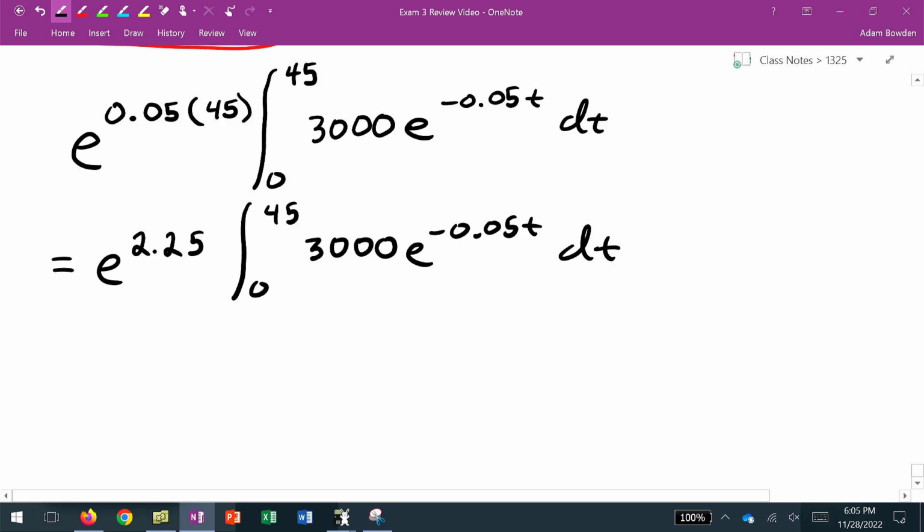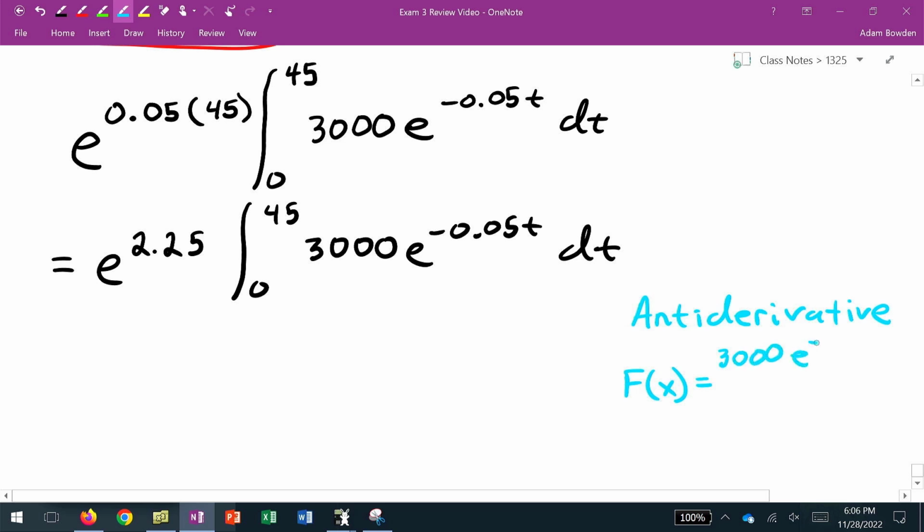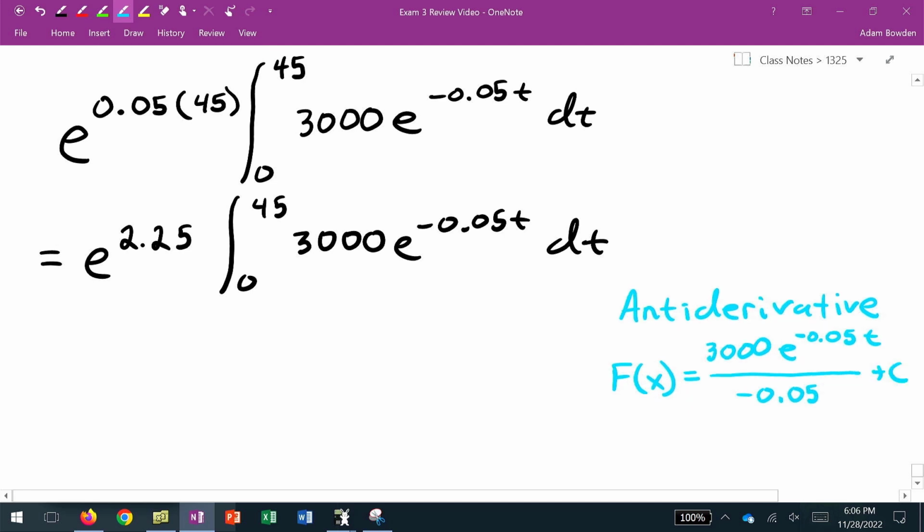Okay, now we need to find the antiderivative here again. And kind of like the last one, the way we can find the antiderivative is to do 3,000 e raised to the negative 0.05 t. That part doesn't change, but in the antiderivative we'll have to divide by negative 0.05. Okay, so when we calculate here, we have the e to the 2.25, I should say.